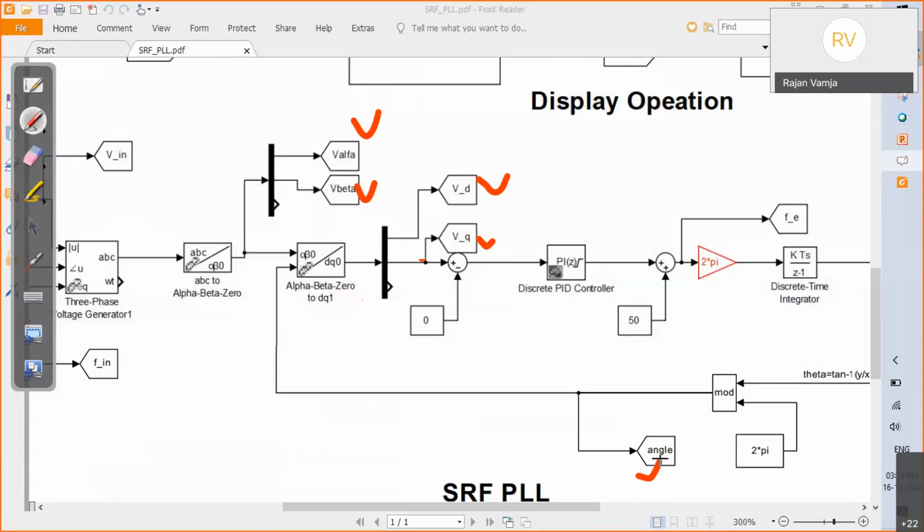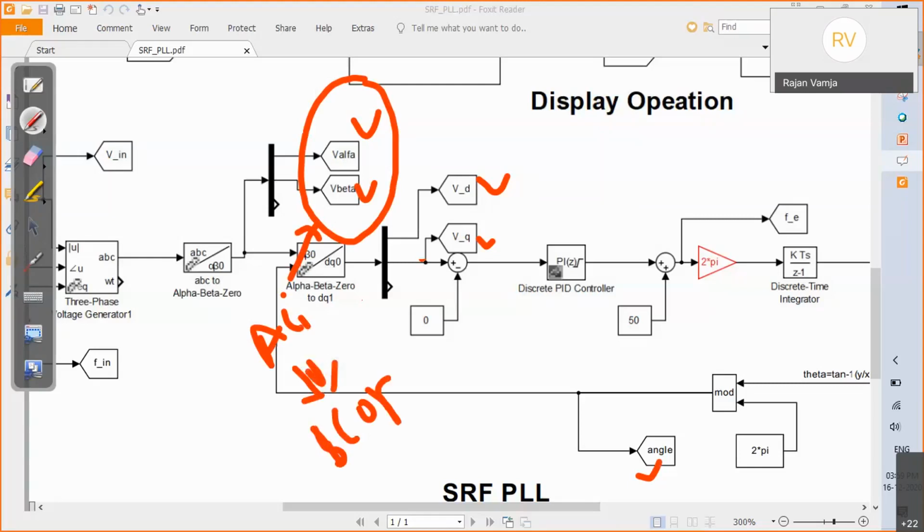The thumb rule is that V alpha and V beta are always alternating quantities, so it is difficult to observe. Generally, this value we need to take out on a scope. This angle is also in that category because it is an alternating value.